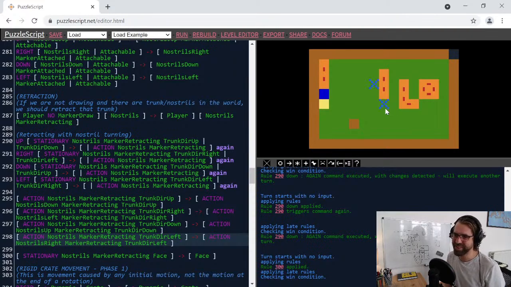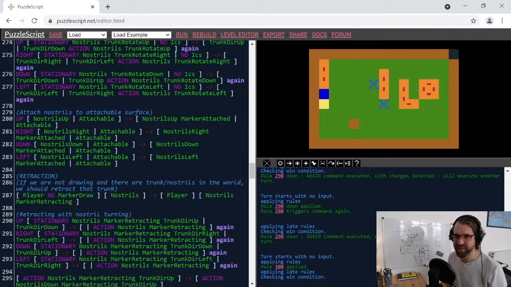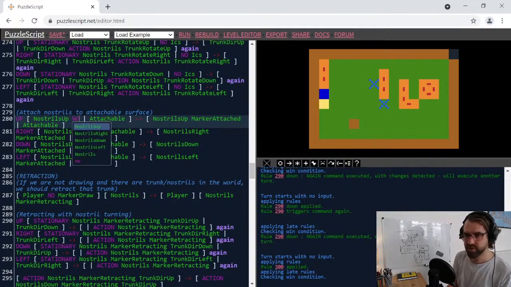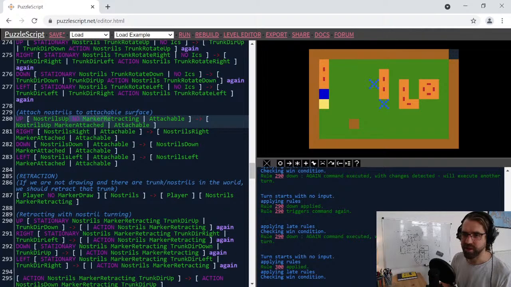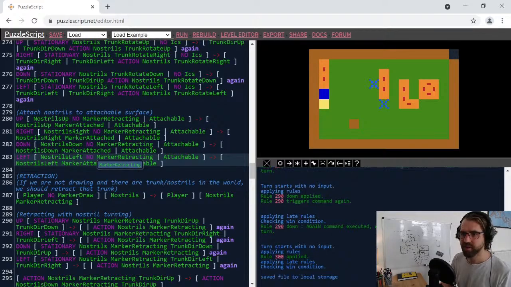It leaves a sticking thing there. That's not good. I need to do nostrils. So where did I do the sticking? There's nostrils that are not retracting. That's the key thing. That's the kind of bug I could have just never seen without having accidentally triggered it.